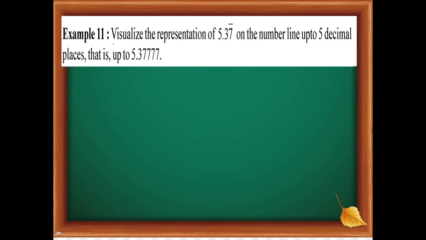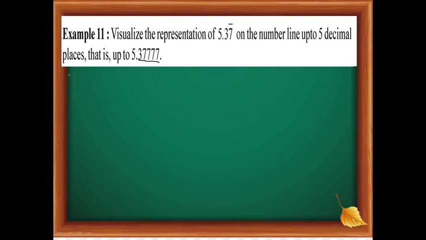Okay, so let us solve the solved examples of this chapter, exercise 1.4. Visualize the representation of 5.37 bar on the number line up to 5 decimal points. 5 decimal points is nothing but what they have already given, 5.37777. We should represent this on the number line. How to represent this?